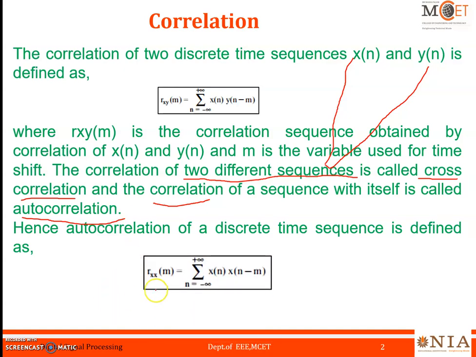The autocorrelation can be represented as Rxx of m, where m represents the variable, and it can be represented as x of n into x of n minus m. So cross correlation is the correlation between two different sequences, and autocorrelation is the correlation of the same sequence. That's why it is called autocorrelation.